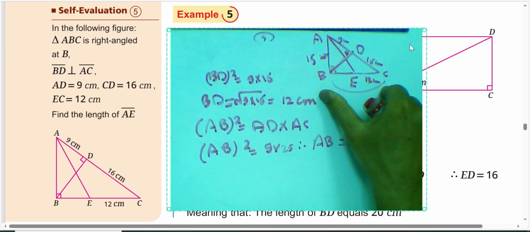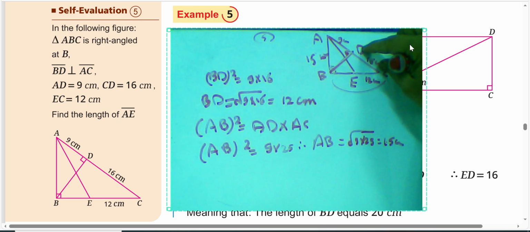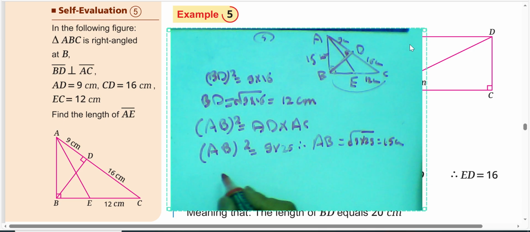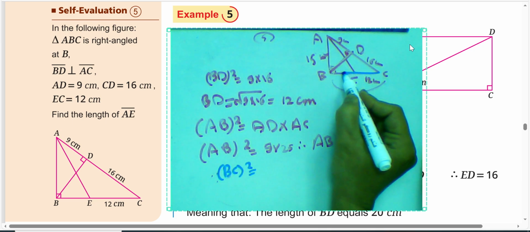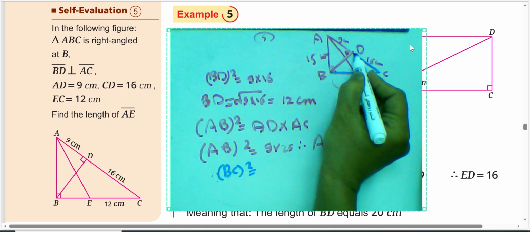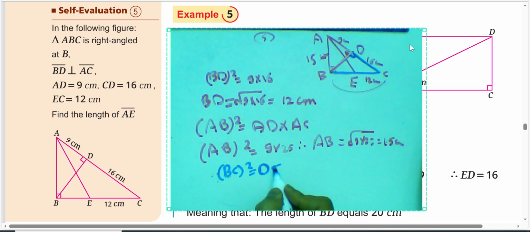BC power 2 equals the conjunct DC product by the hypotenuse CA.